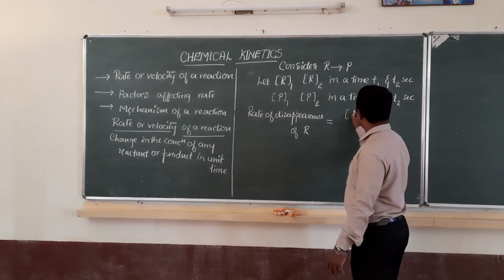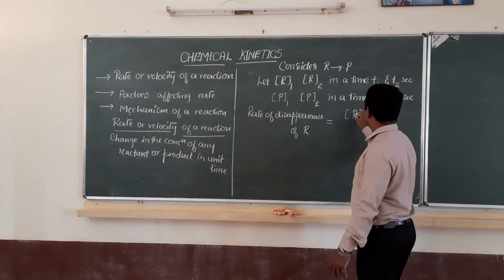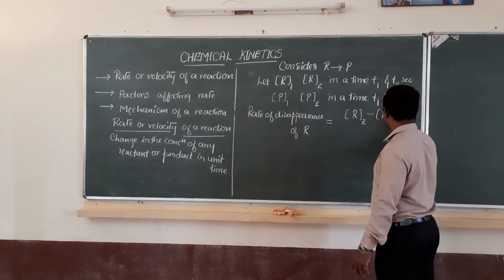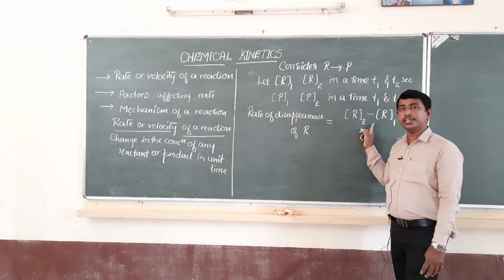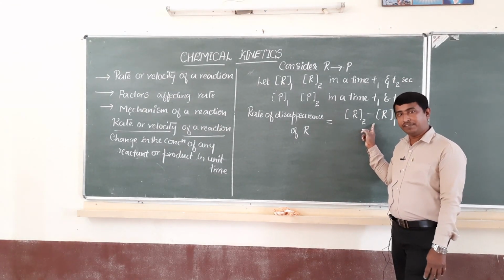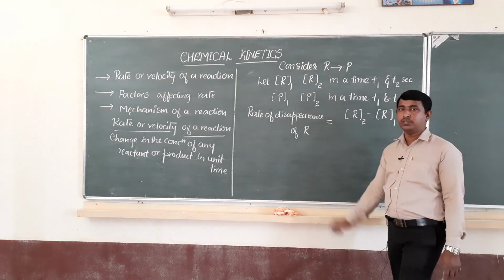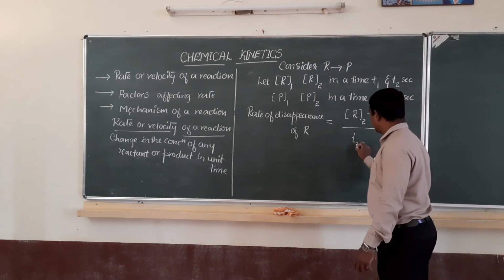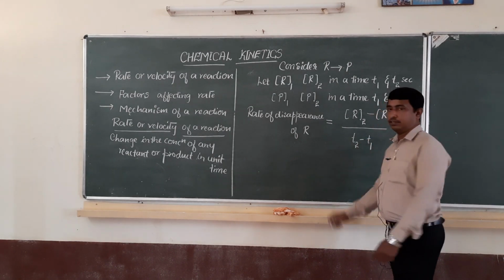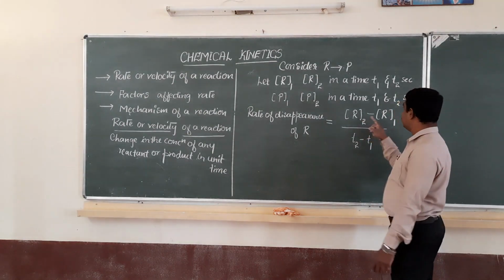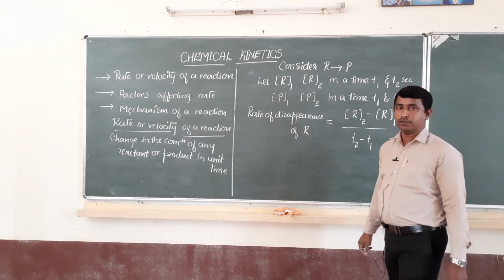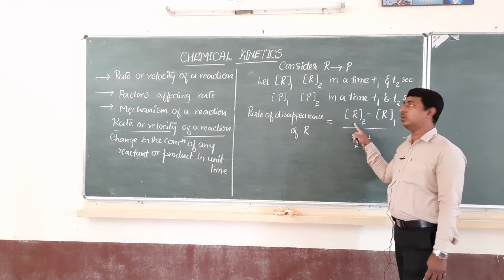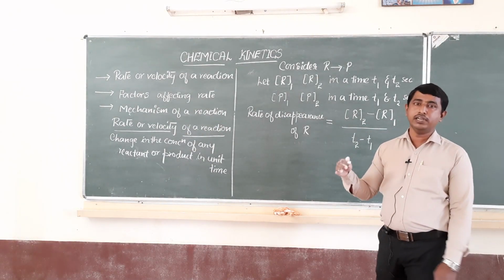So R2, the concentration at time T2 seconds, minus R1, the concentration of the reactant at time T1 seconds. R2 minus R1 gives the change in the concentration of the reactant, divided by T2 minus T1. R1 value will be high, whereas R2 value will be less, because the concentration of the reactant goes on decreasing.